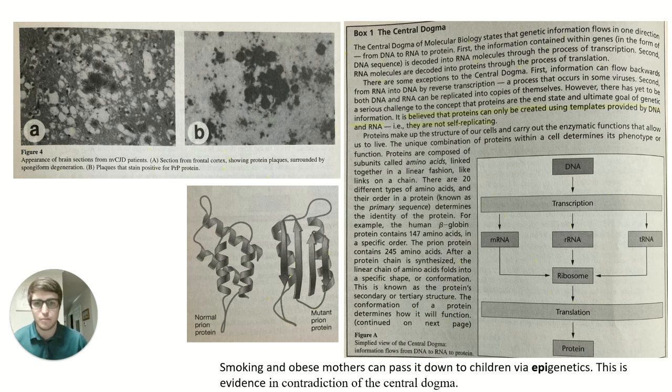So the environment that all the cells are in is kind of dictating what the DNA is going to express. And we can see this in mothers that are obese or have some type of addiction like smoking cigarettes. They can pass that down to their children, and epigenetic mechanisms are given for why that happens.